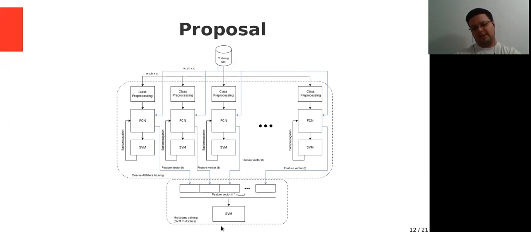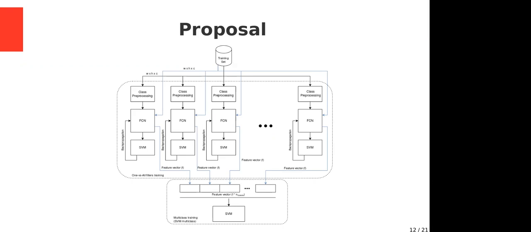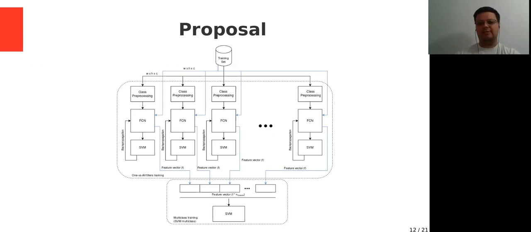This classifier is a large margin classifier too, so it's a multi-class SVM. It also uses one versus all or one versus one, with one versus one here because it's a small problem.